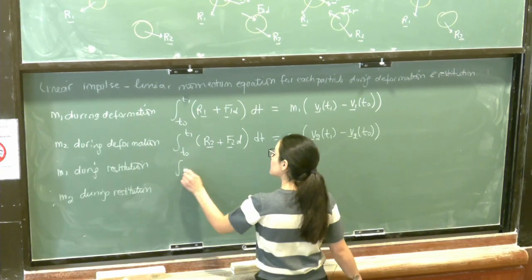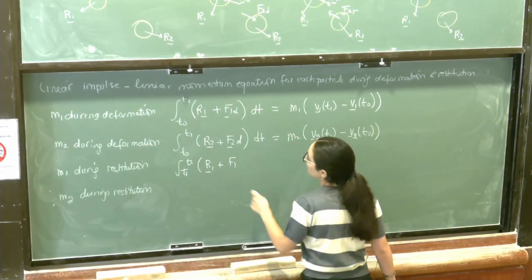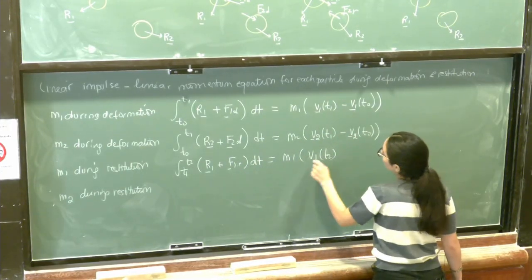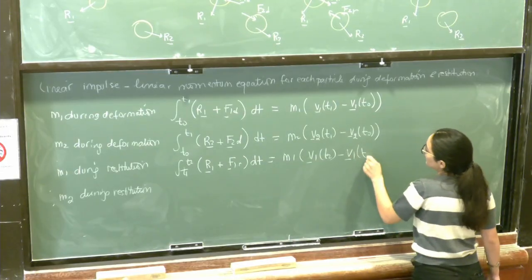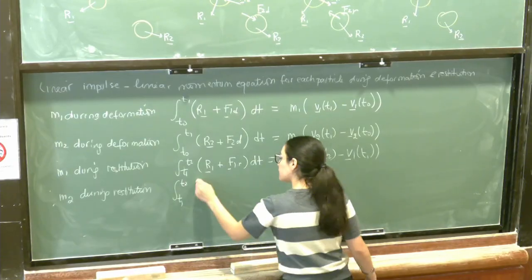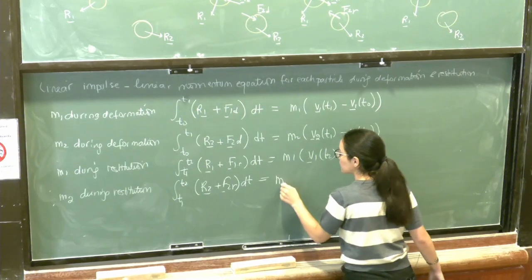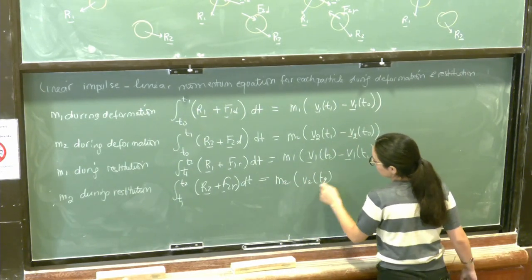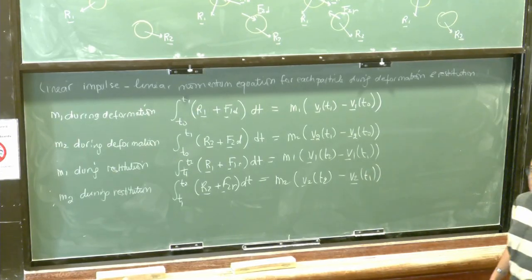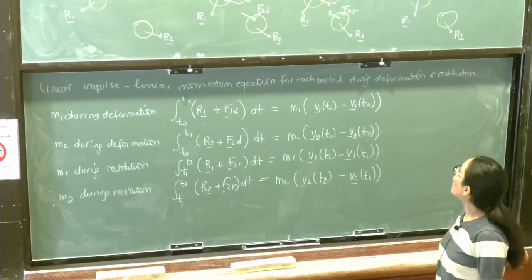That's the integral between T1 and T2 of R1 plus F1 restitution dt equals M1 V1 at T2 minus V1 at T1, and the integral... Should it be a V1 prime and V2 prime for the restitution?